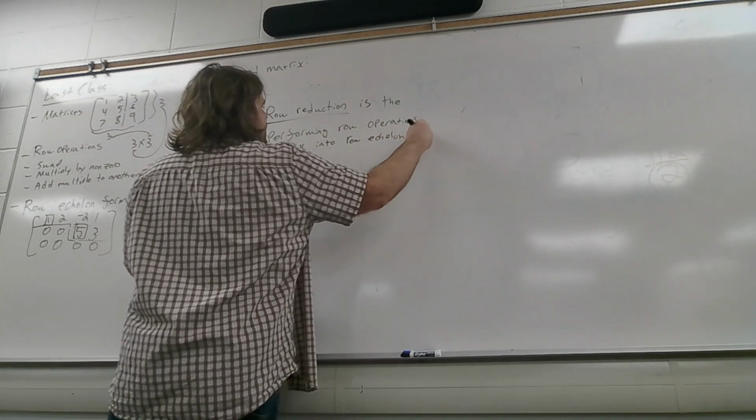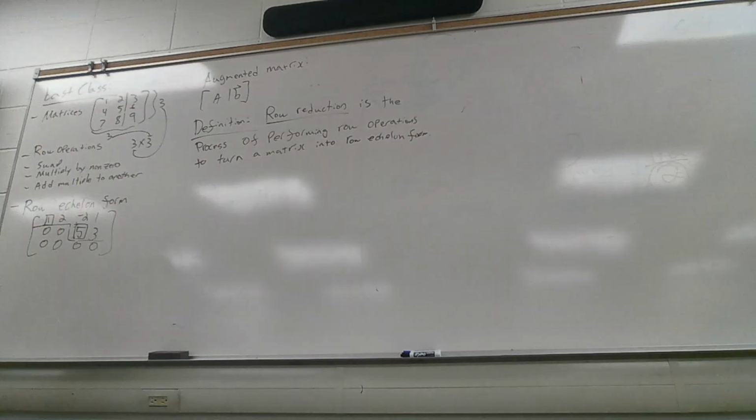So what this is saying is, hey, we're going to take something like this, and we're going to perform these steps, only these things, in whatever order we need to make this have this staircase shape. Right? That's all we're doing.